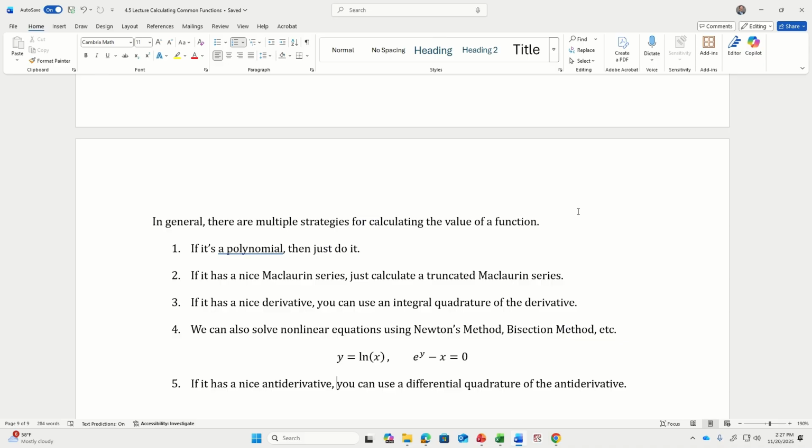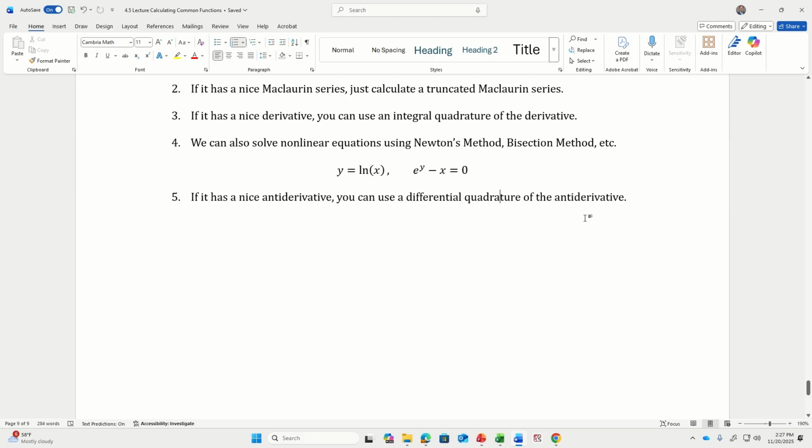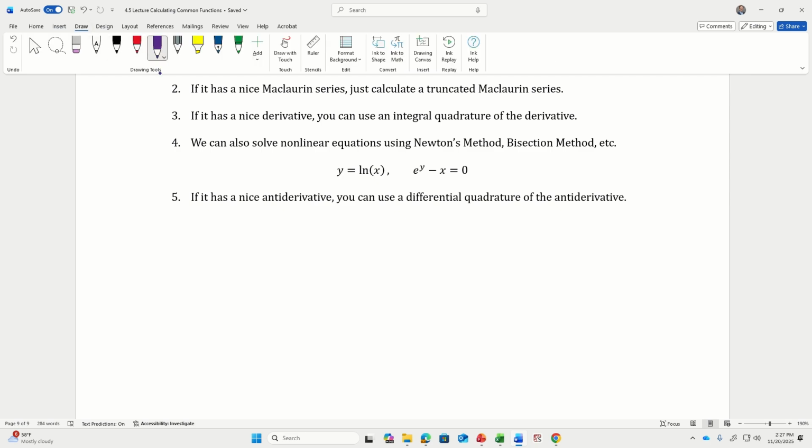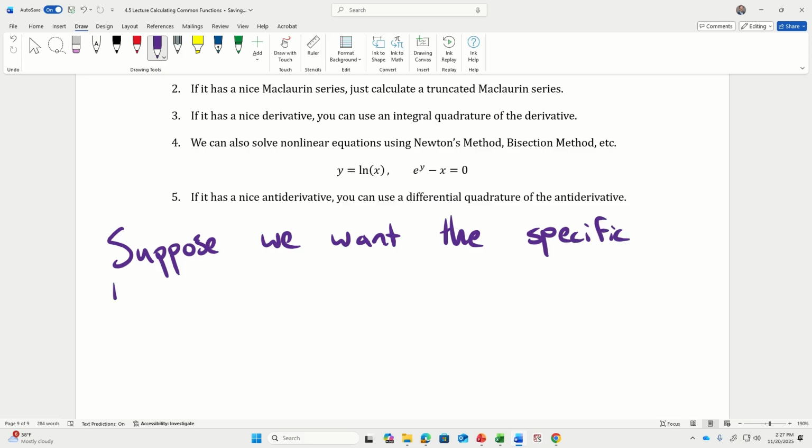The only examples I can think of where this might actually be true is like, what if you are a chemist and you're trying to come up with some research in thermodynamics? So suppose we want the specific heat capacity of some material.